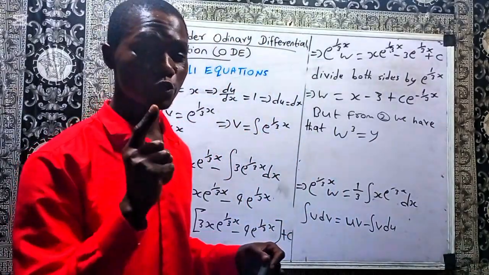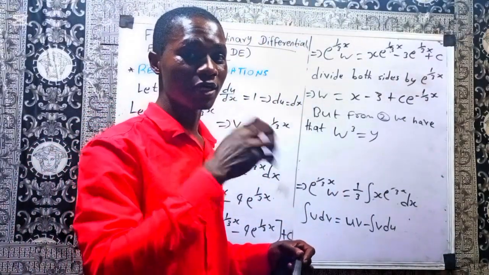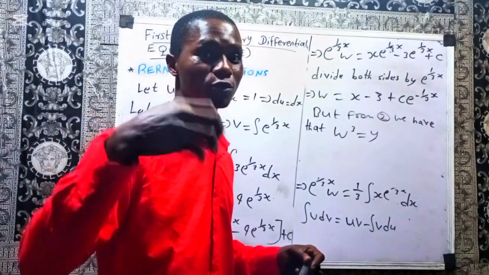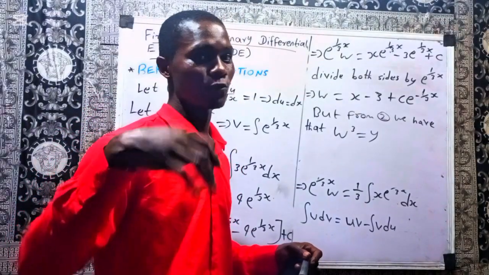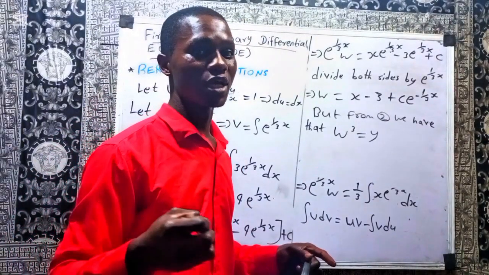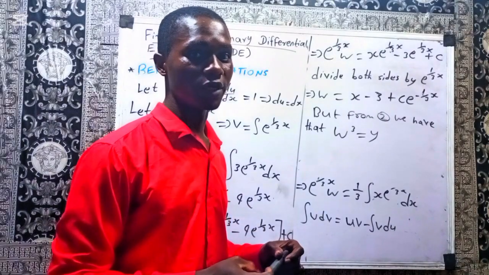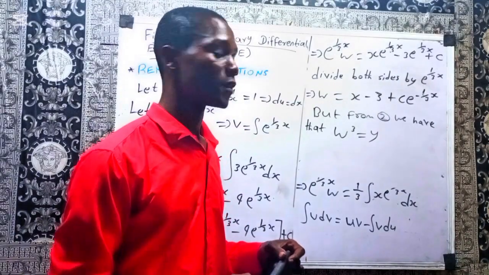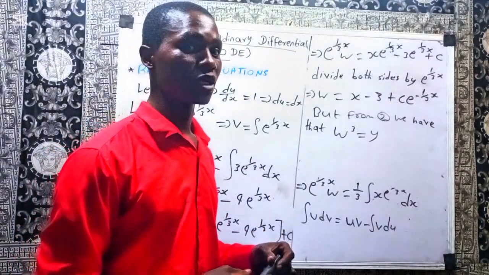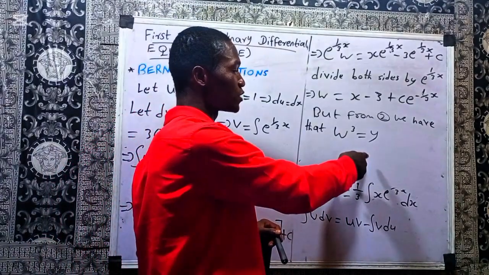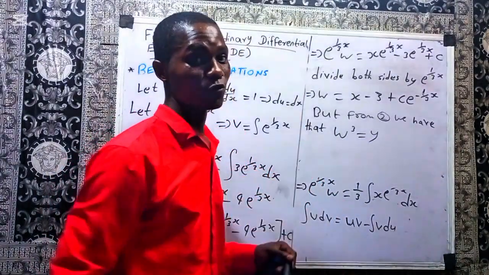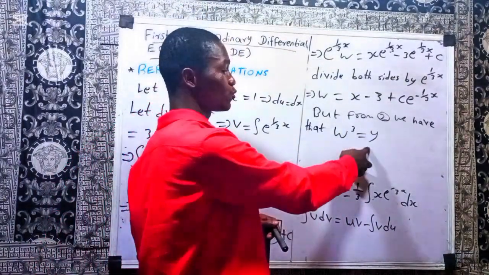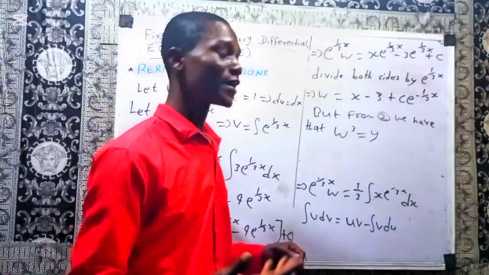That's the first step in our solving. After using our change of variable formula, that's after using our substitution formula, we made y the solution formula and got y in terms of w. And this was our equation 2. You can go back and check it.